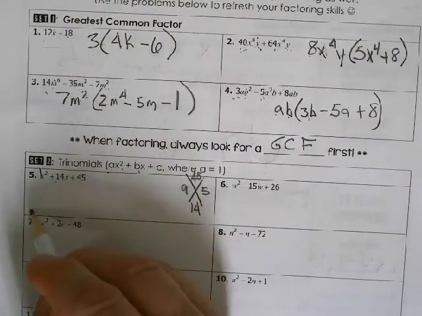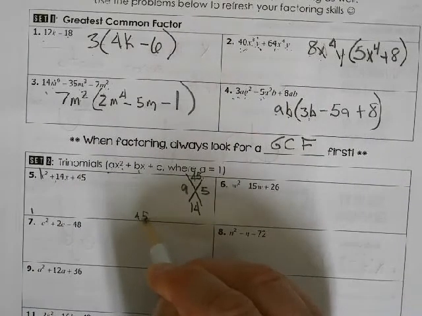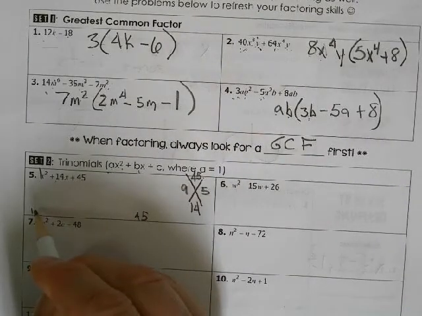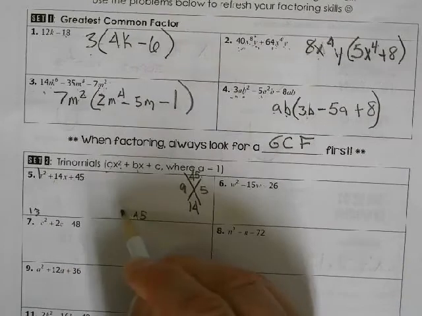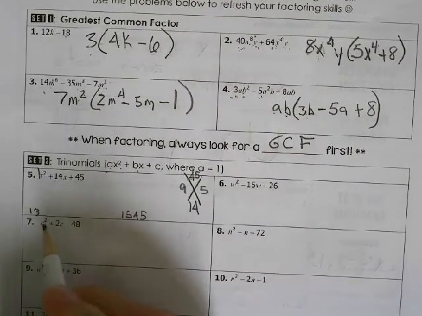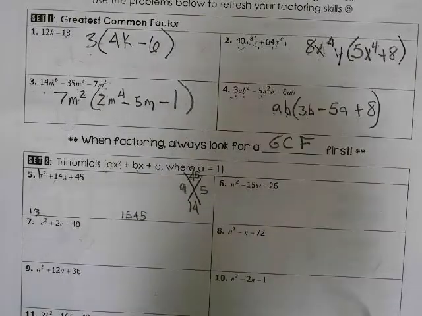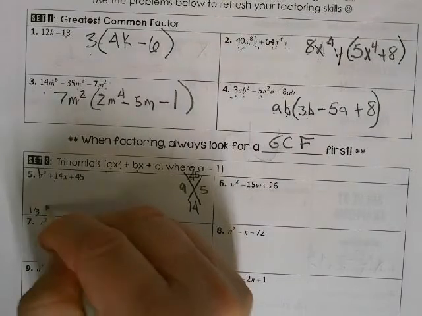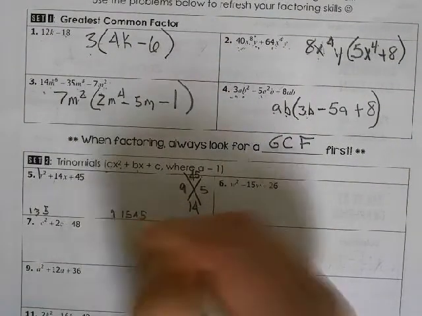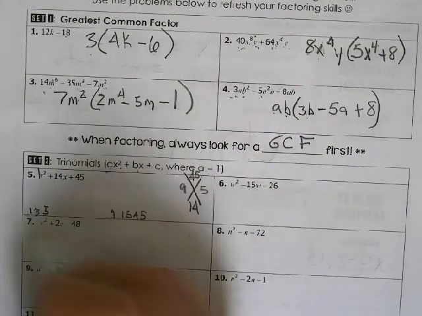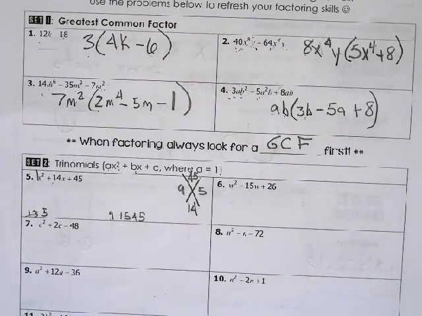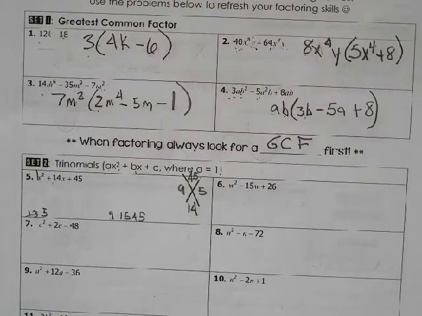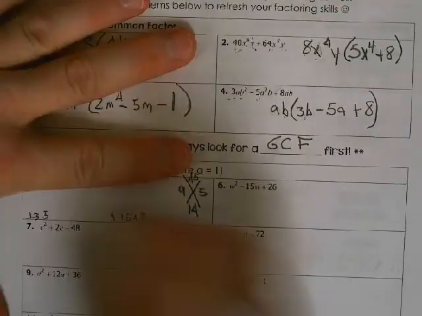For instance, like 1, 45, 2 won't go, 3 and 15, 4 won't go, 5 and 9, and that's your last one. So which one of these pairs adds up to 14? That's the process, okay?